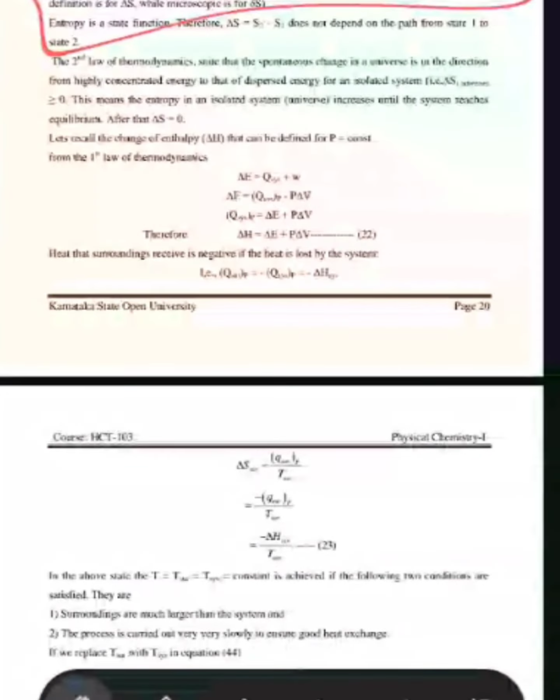Whatever the variations, it can be denoted by delta S. Delta S is equal to S2 minus S1, which does not depend on the path from state 1 to state 2. So whatever entropy change takes place, it does not depend only on the reaction of the system. So delta S is equal to 0 when entropy is constant.